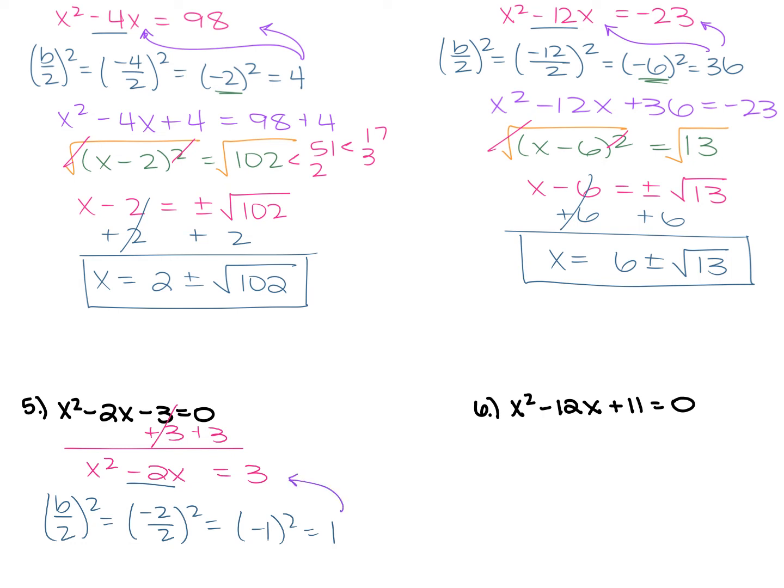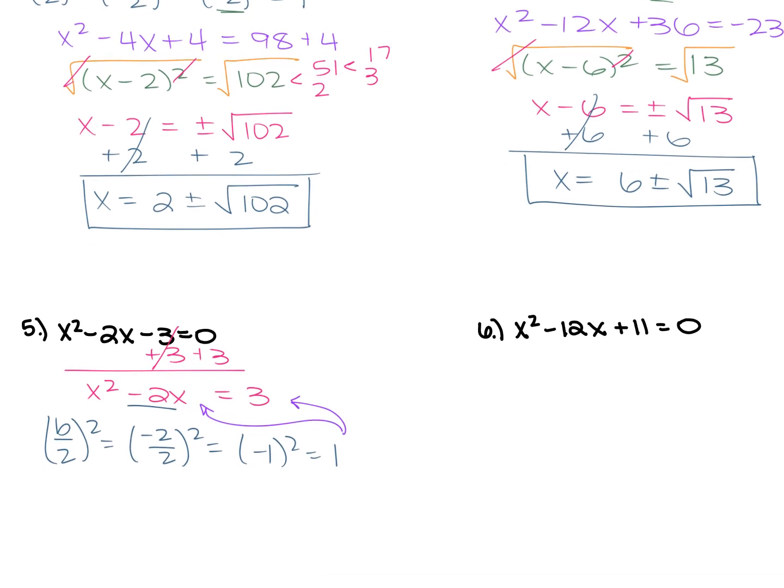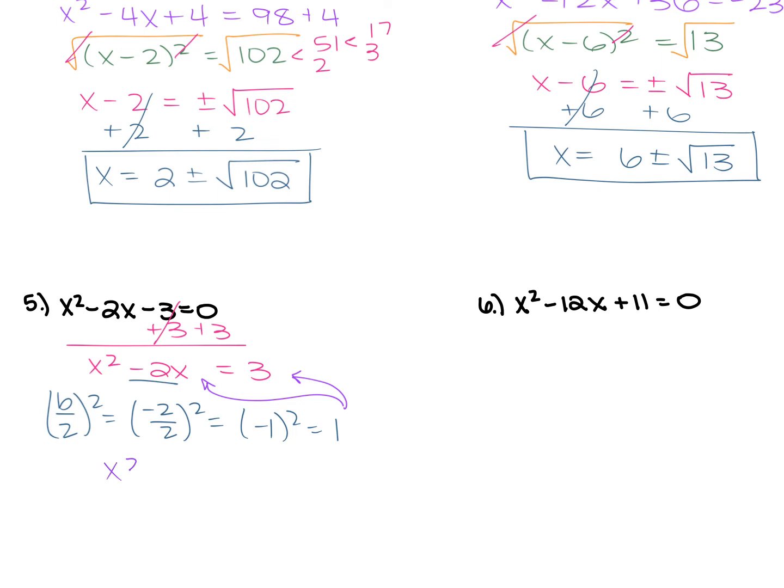We add this 1 to both sides of our equation. That's going to give us x squared minus 2x plus 1 is equal to 3 plus 1. Your left side factors to be x minus 1 squared, because that minus 1 is what we squared. Then that 3 plus 1 is 4.